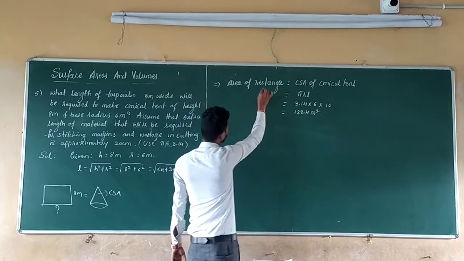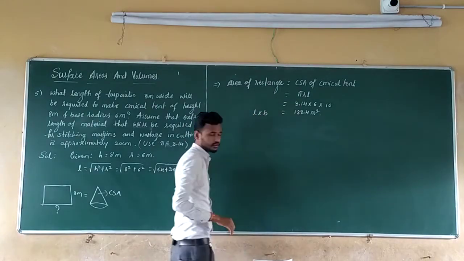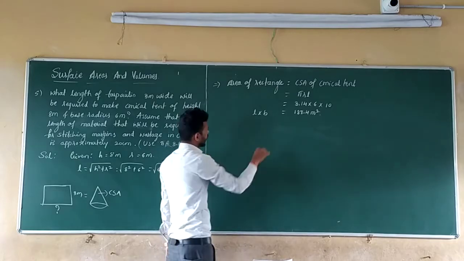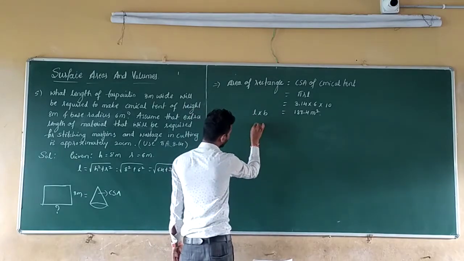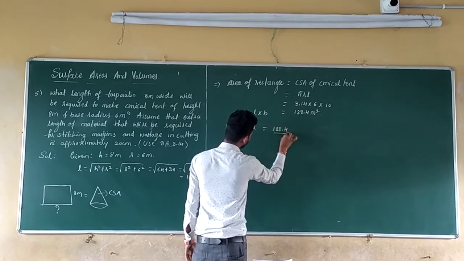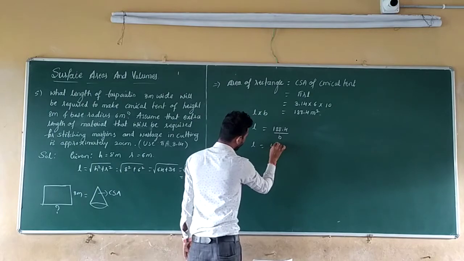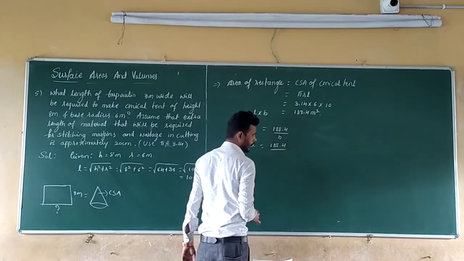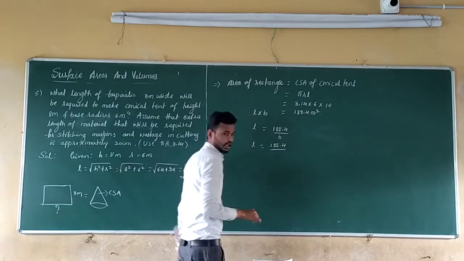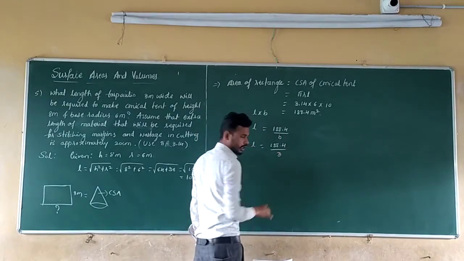What is the area of a rectangle formula? Length into breadth. Length we need to find. So length equals 188.4 divided by breadth. How much is given? 3 meter. Wide means breadth, so 3.